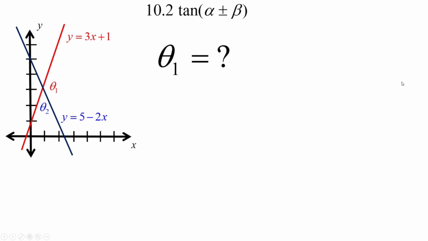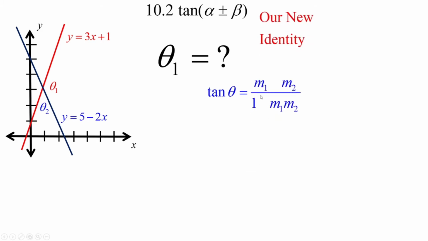All right, so let's use our new identity. Tangent of theta equals, and our new identity, here it is again, m sub 1 minus m sub 2 over 1 plus the product of those two slopes right there. And they gave me the slopes in these equations, so I'm ready to find theta right now.